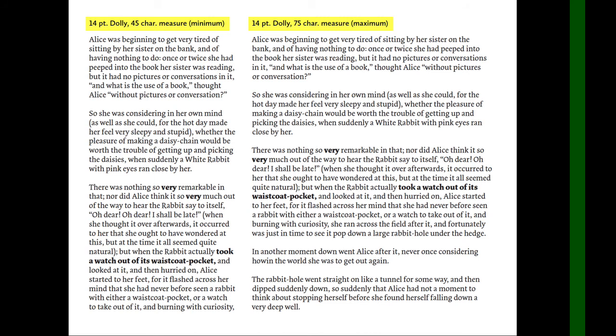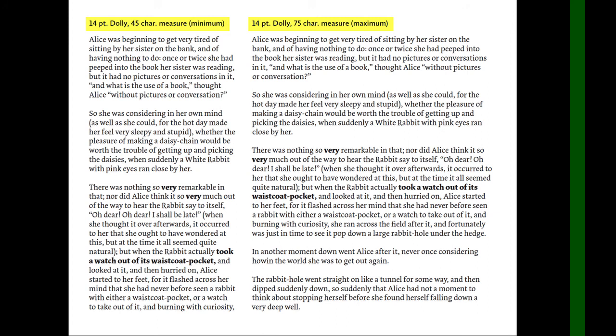And here is an example. The same text, Chapter 1 of Alice in Wonderland, our left-hand column, same typeface, same size. So on the left, we have a 45 character measure, which I would say is our functional minimum measure. And it's a narrow column of text, but it's not unpleasantly so. It doesn't look too choppy. Our rag isn't too unpleasant.